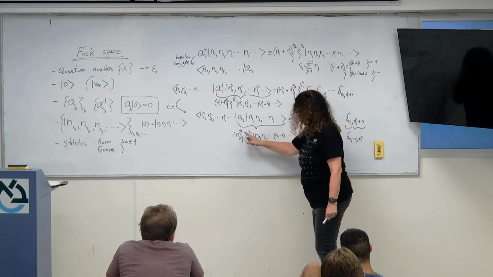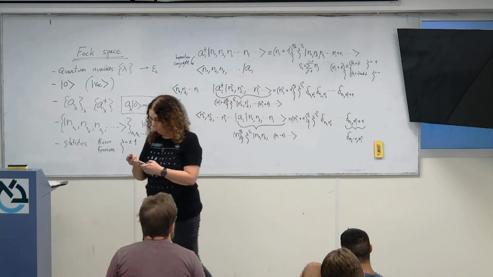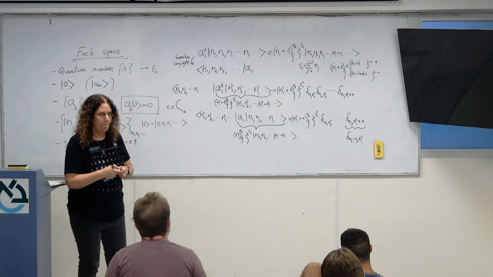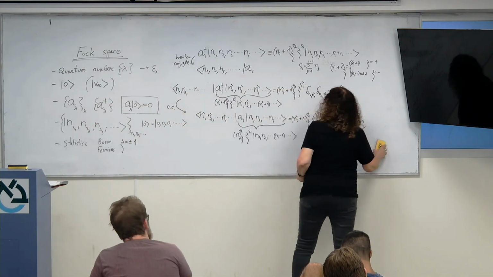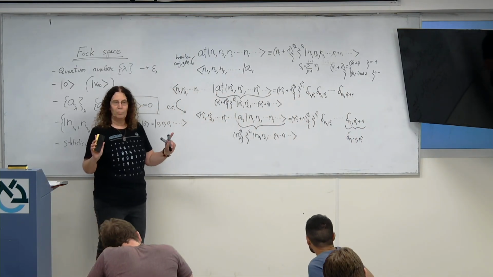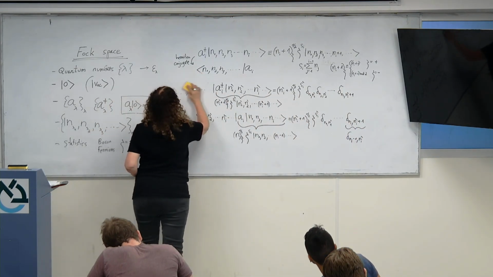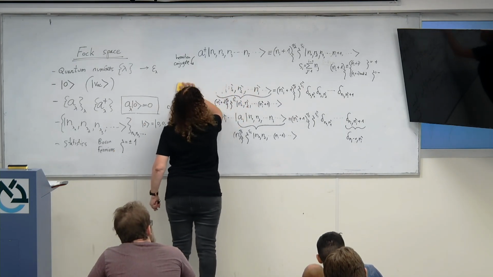And it gives me some prefactor, which is a normalization. That's what it does. Let me copy the result. Is it clear? Just logical steps.